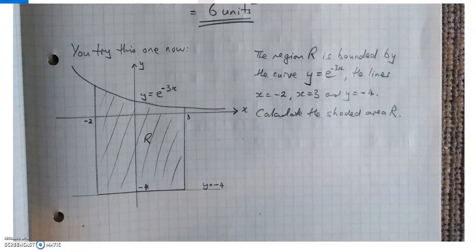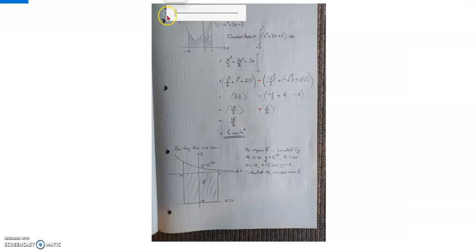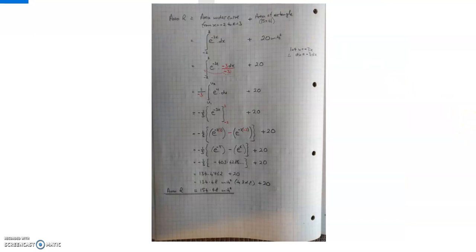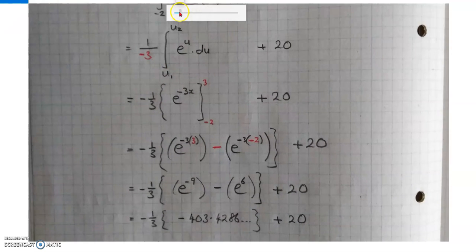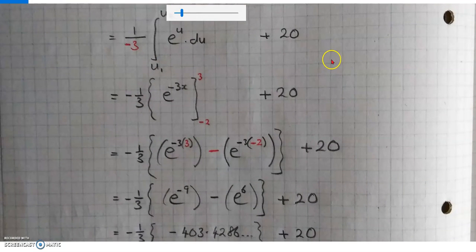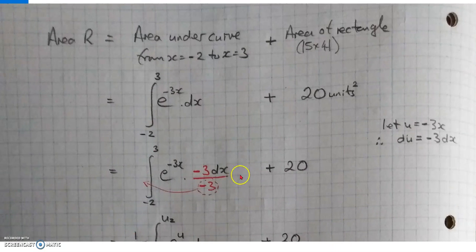So we now go to the calculation. I'll show you how that works, what it looks like. Here it is. Let's zoom in so we can follow this carefully. All right, so the area R is the area under the curve from x equals minus 2 to x equals 3, plus the area of the rectangle.